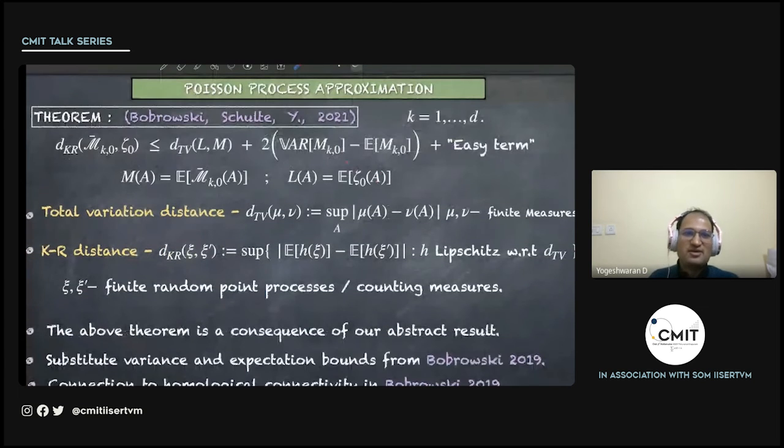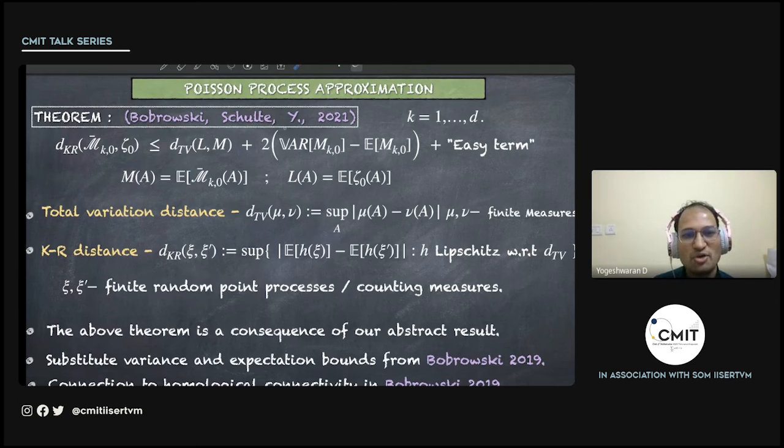Okay. So before, let me state this. Our earlier result is a consequence of another intermediate abstract result. This is in fact not the main result in the paper, it is still a corollary of our main result.